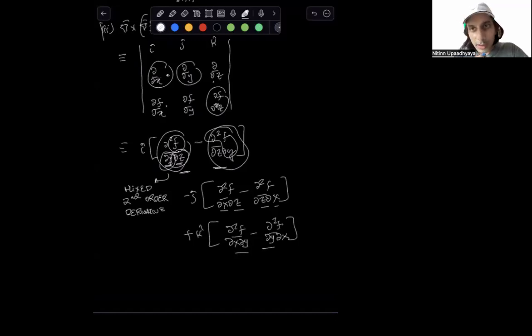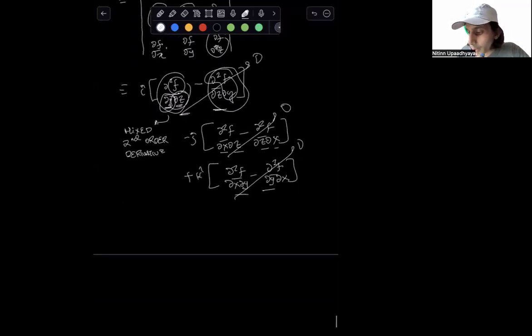So if you trust the observation that for many classes of functions which we will come across, these mixed derivatives are actually equal. And as a follow-up to this module, I'll put up a short quiz where you can try out this equality of the mixed derivatives for yourself and convince yourself that this is indeed the case. It turns out that each of these terms is just zero, which follows from what is called the equality of mixed derivatives.